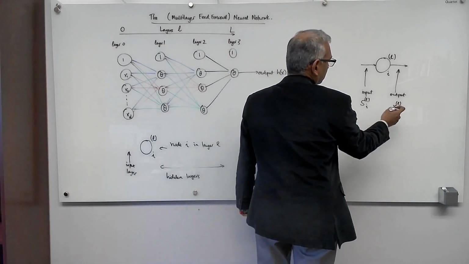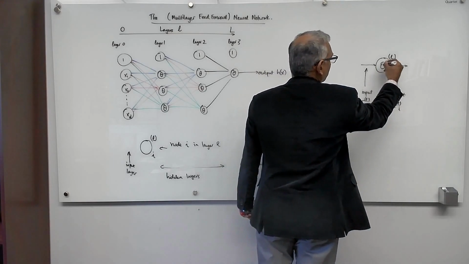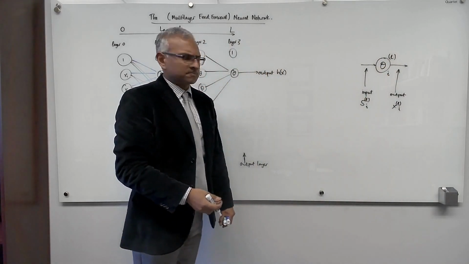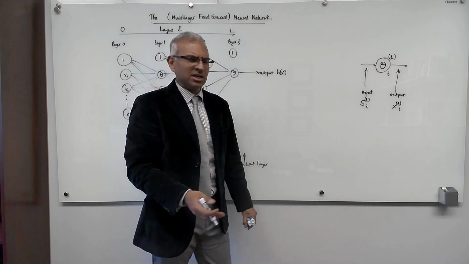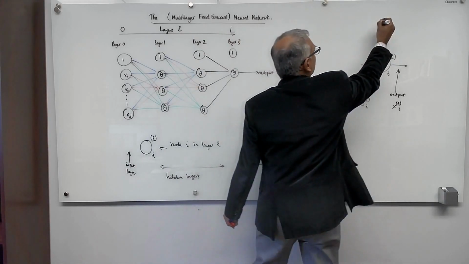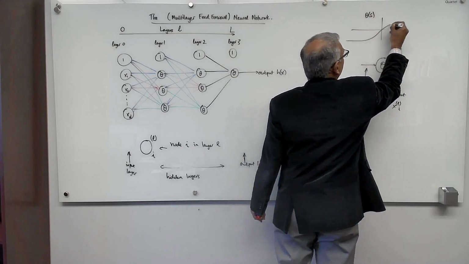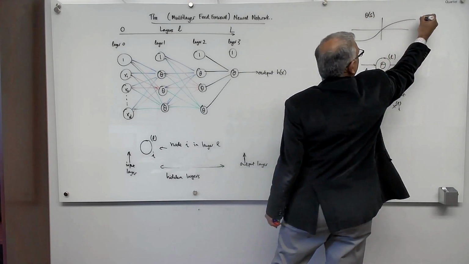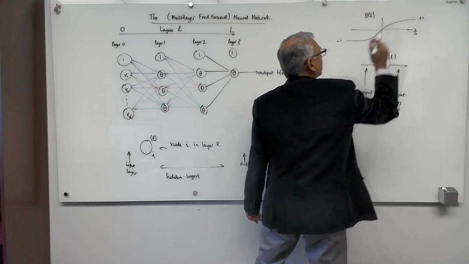And the output is related to the input by this transform theta. The most popular choice for this transform nowadays, there are competing choices, but the one we will use is a standard sigmoid. So theta of S is approximating the sign, so this is +1, this is -1, and this is S, and this is theta of S, the sigmoid.